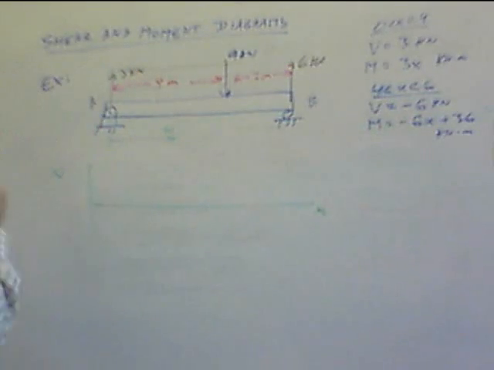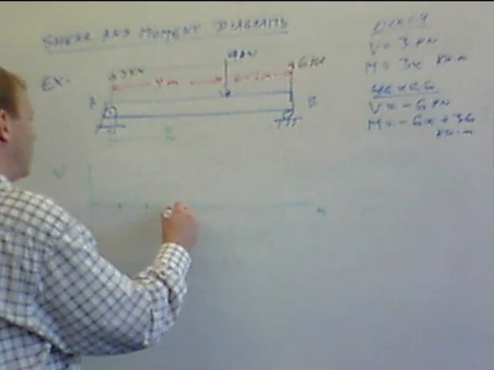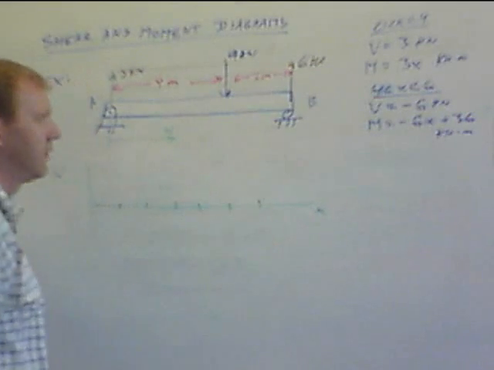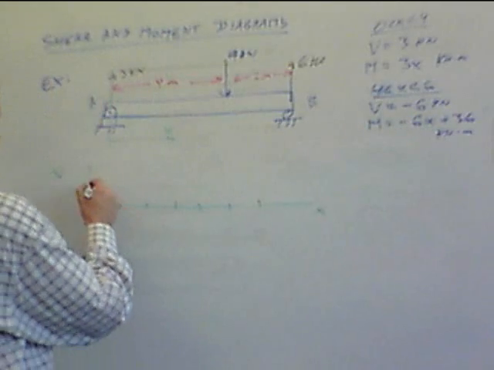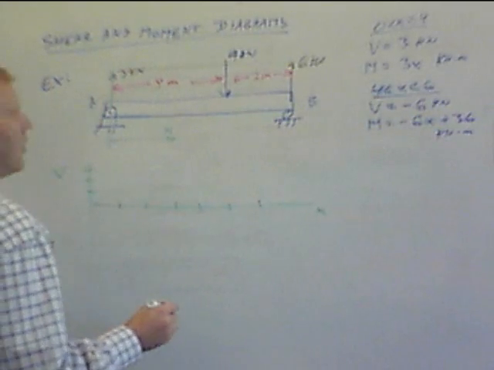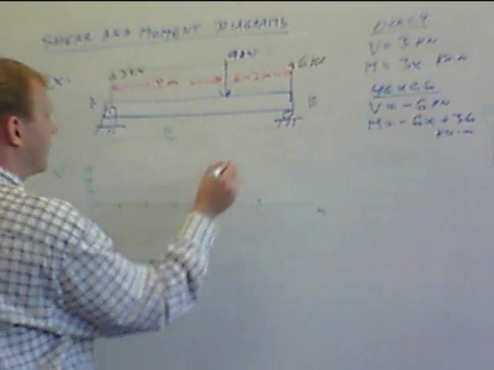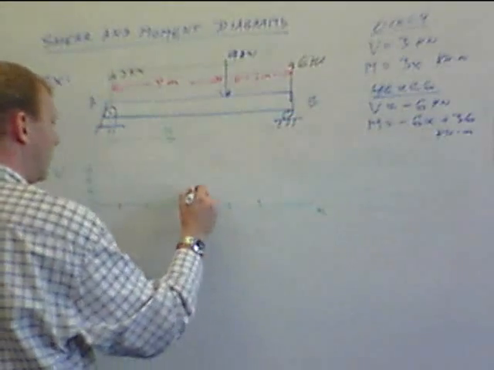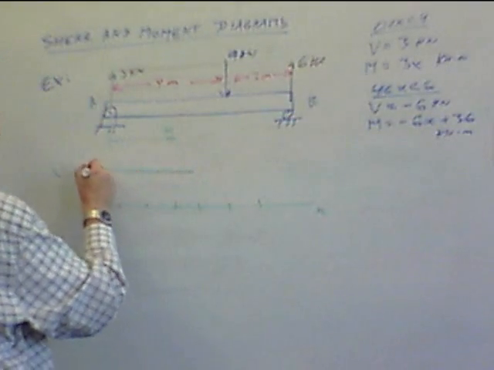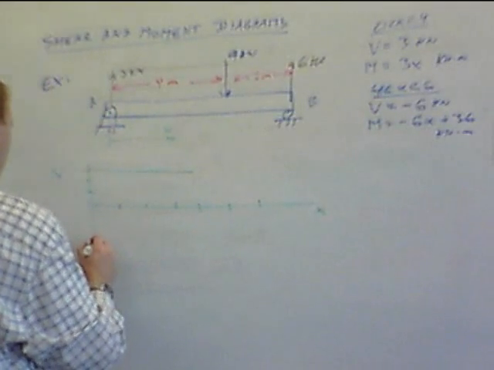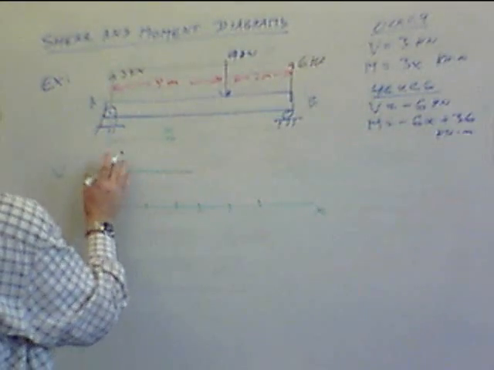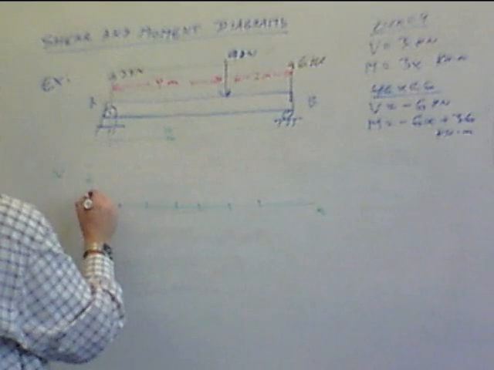as a function of length. 1, 2, 3, 4, 5, 6 meters long. Okay. So the shear is 3 for the first from 0 to 4. And then it drops down to negative 6.